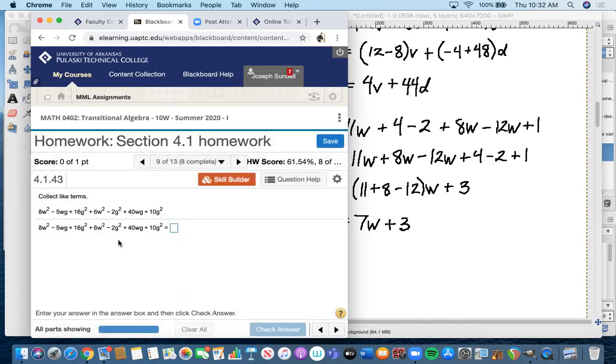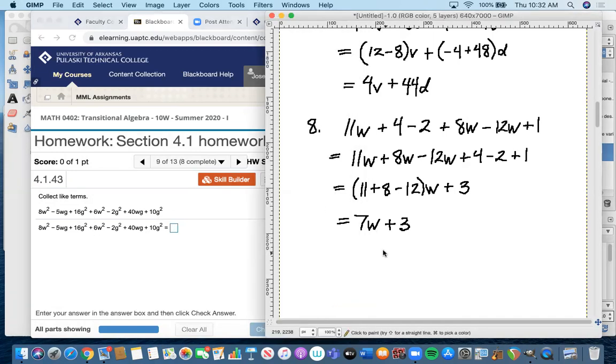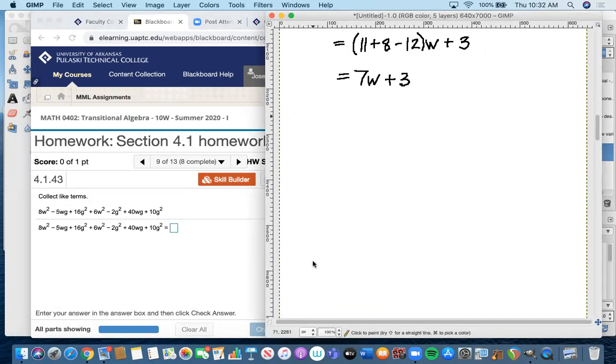Okay, so they just start giving you weirder and weirder terms, like WG. If you have a WG and a WG, you can add those together.